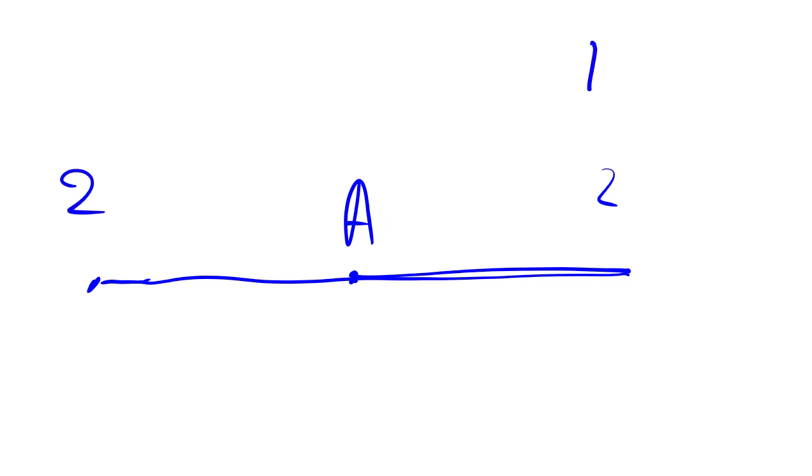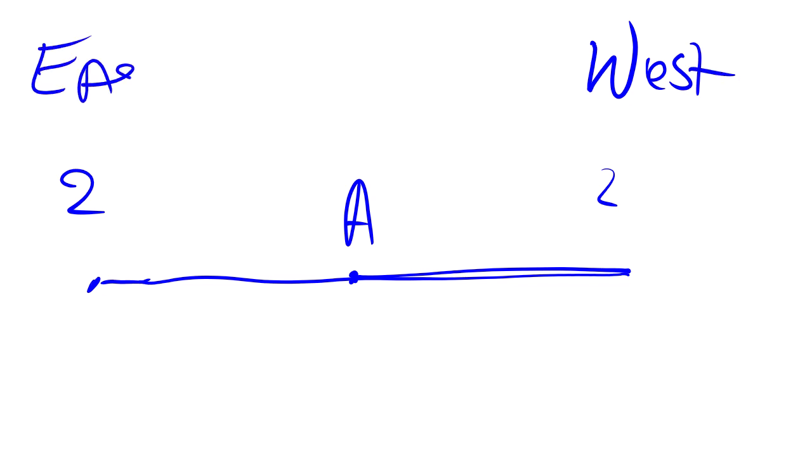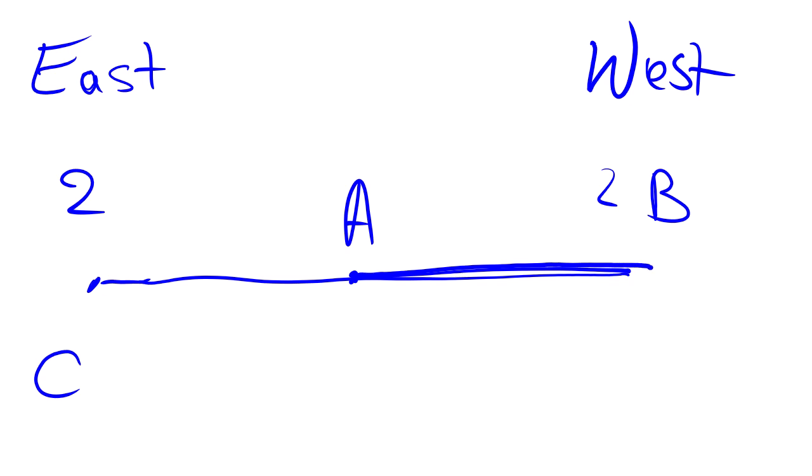Let's say this is west, this is east, and the object started from A, went to B, and came back to C. So this motion here is 2. From this 2 to here is what? 4.